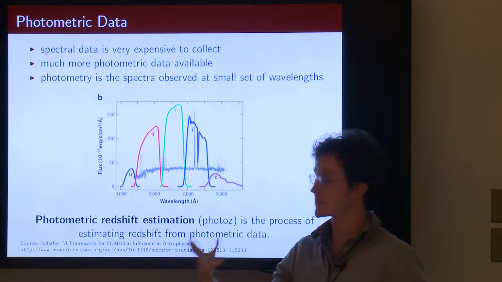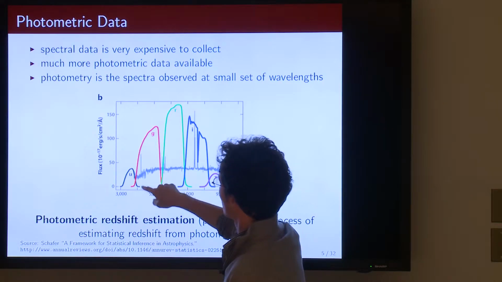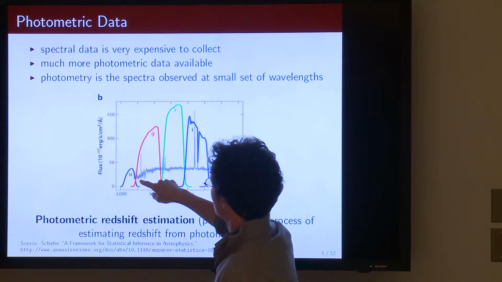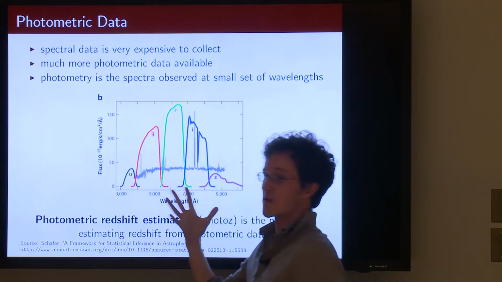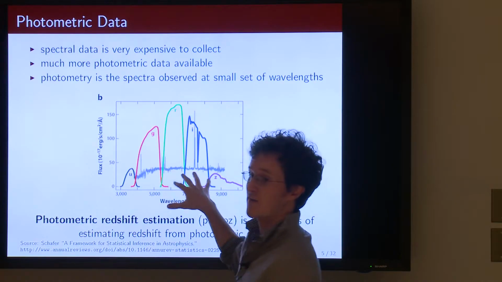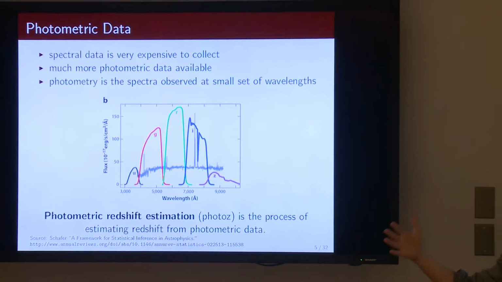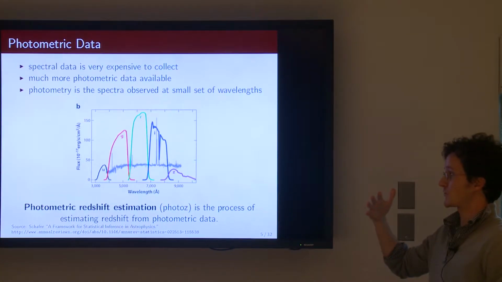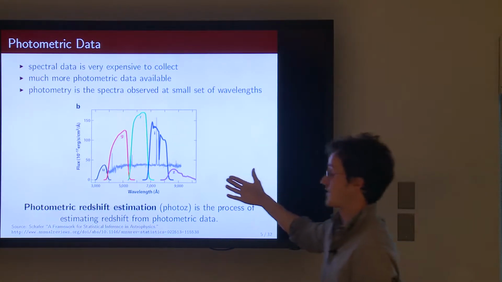However, if we're taking photometry on this object, instead of this very dense grid of lines, we would just observe the spectra integrated across one of these filters. So we'd get 5 measurements. Instead of having, for this object, a few thousand measurements, we'd have just 5 measurements. So that's photometry. In the first 3 lectures, we talked about time domain astronomy, where we collected photometry over time. Today, we're just going to be talking about where we collect photometry at a single time in a set of filters. So in this case, 5 filters.